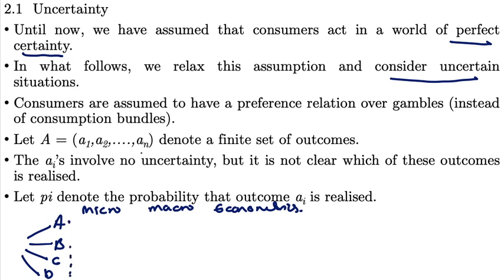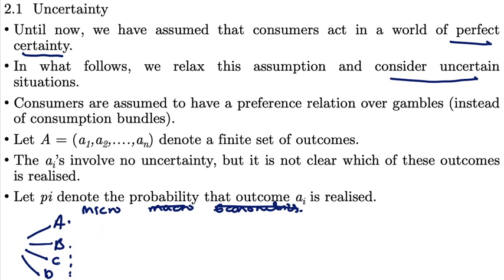So for instance, let's talk about one module only for simplicity. A is a certain outcome, B is also a certain outcome, C is also a certain outcome, D is also a certain outcome. But what is not certain is whether you realize A for your micro results or not. Whether you realize B as the result or not for your micro grade.